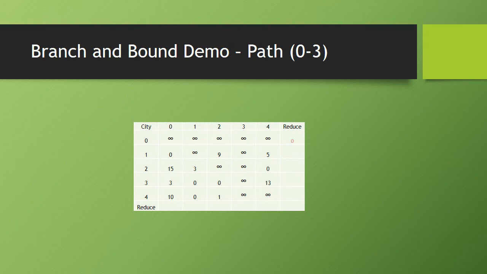So 0, 0, 0, 0, 0, 0, 0, 0, 0, 0. So our total cost reduction for 0 to 3 is 0.